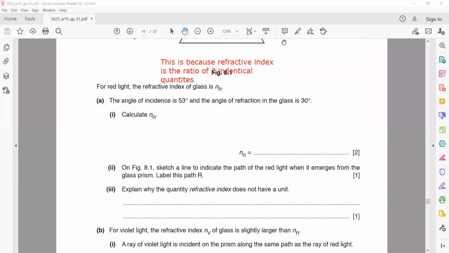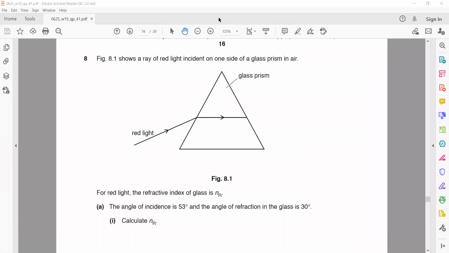So complete the path of the violet light. The red one is already done. This was the red light. Use the screen annotation to complete the path for the violet.